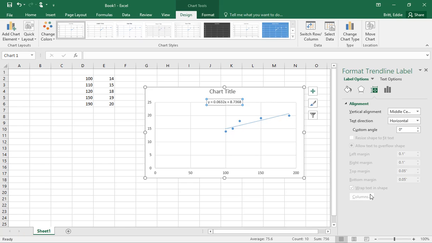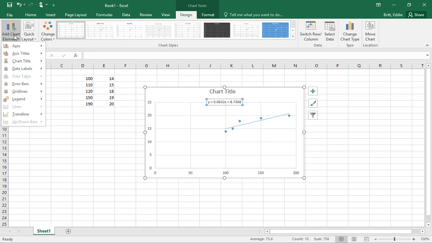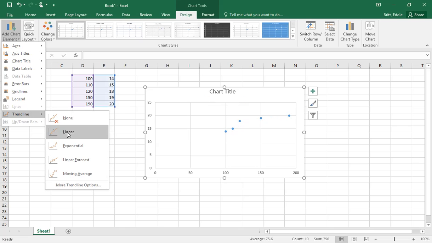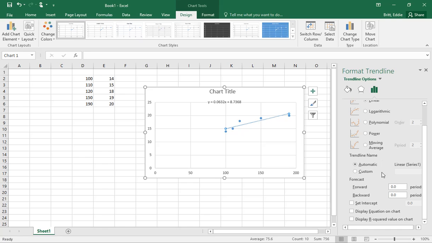So let me go back to that. I'm looking for the R value. This is display R² value.